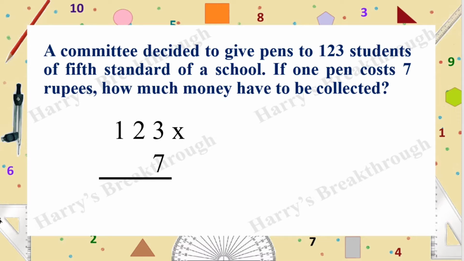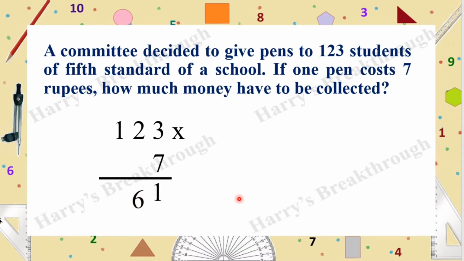First, let's multiply 7 with 3. 3 into 7, 21. So let's put 1 and remainder 2. Then 7 into 2, 14. 14 plus that remainder from the ones place, that is 14 plus 2, 16.